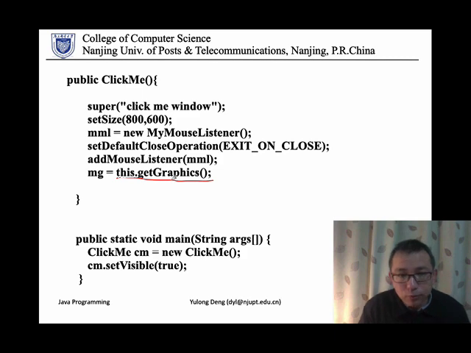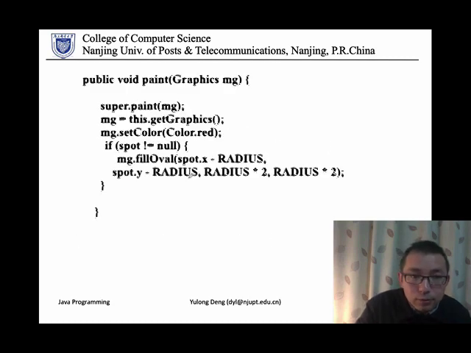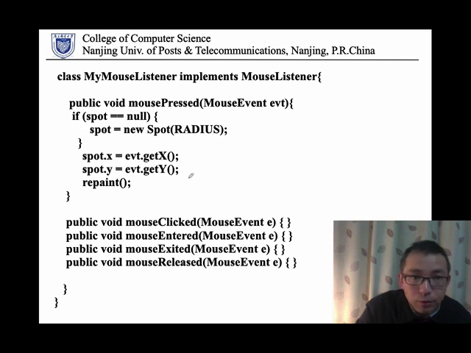Get graphics: we use a statement to create a graphics object inside our ClickMe as an individual of our system. And now another object, for example, the spot. Where is the spot? Oh, here we go. This spot is here. We use a statement with the new keyword.